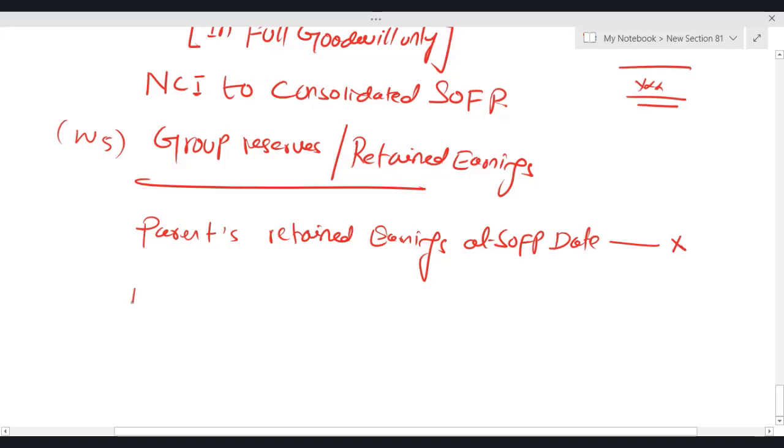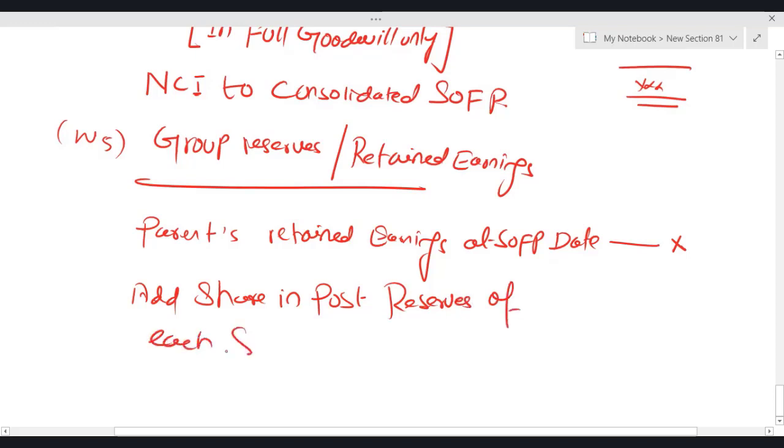Then simply add share in post reserves of each subsidiary, because it is possible that you are having more than one subsidiary.